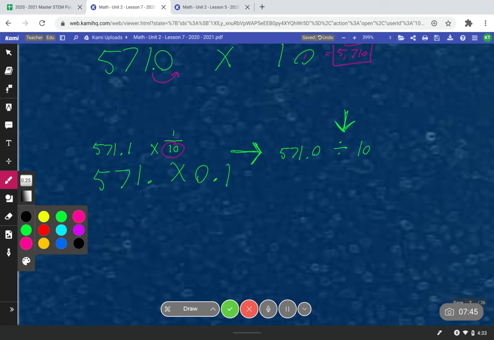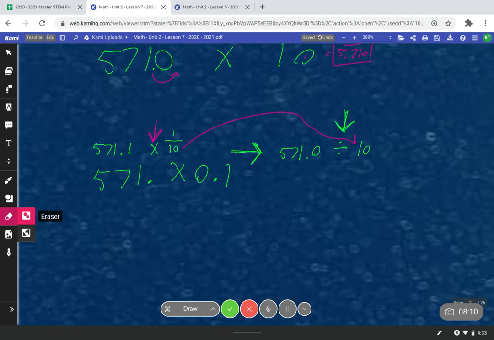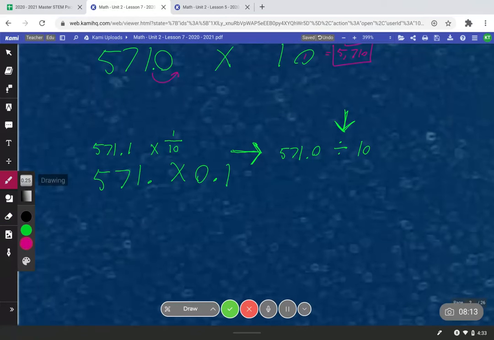I take the denominator, and I change the operation because I was multiplying by 1/10, but now I'm dividing by 10. These are the same thing. 571 multiplied by 1/10 is the same thing as 571 divided by 10. The exact same thing. And that should help us out.